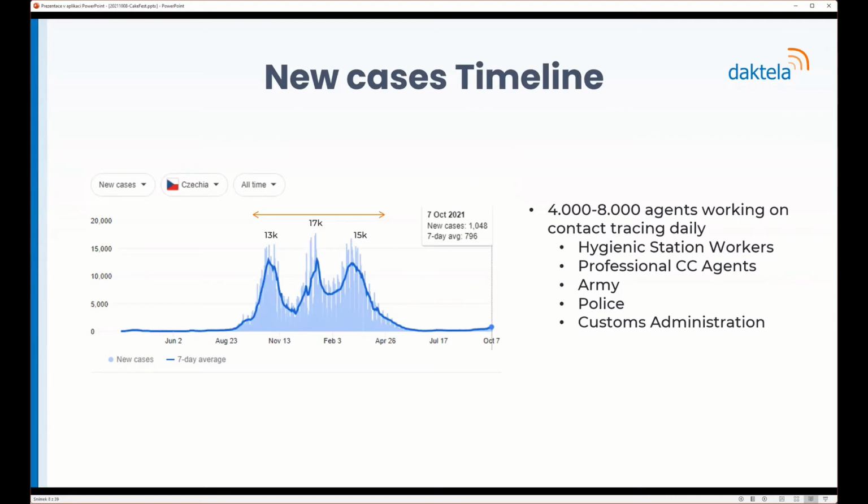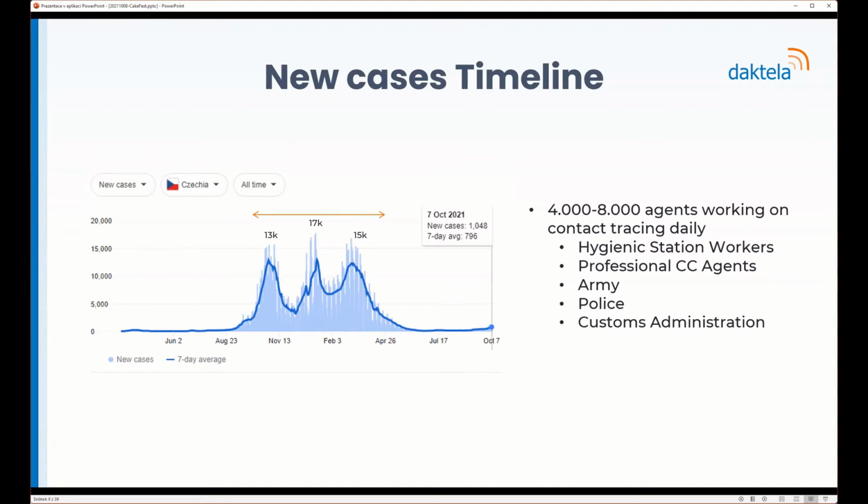A very important part of the fight was the army, which was also integrated in the contact center, and there have been a lot of TV news reports where you would be able to see soldiers in uniforms sitting by computers, by the application, and calling all these infected and risk people.